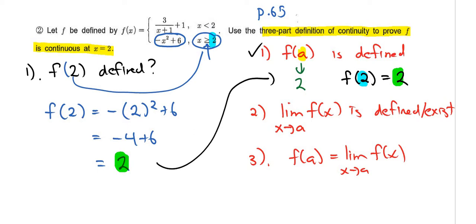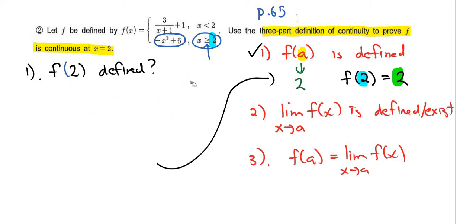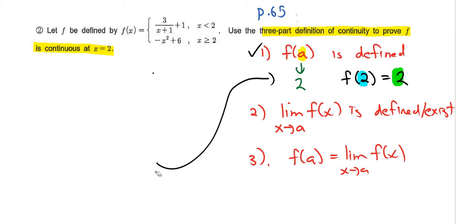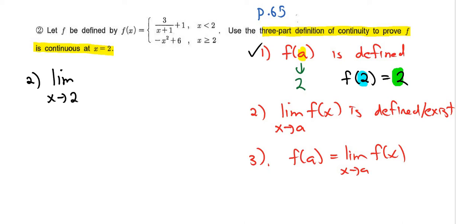Alright, let's move on to the second part of the definition. I'll erase the first part now. For the second part of the definition, I need to see if the limit is defined, or if the limit exists. So I need to see if the limit as x approaches 2 of f of x actually exists.